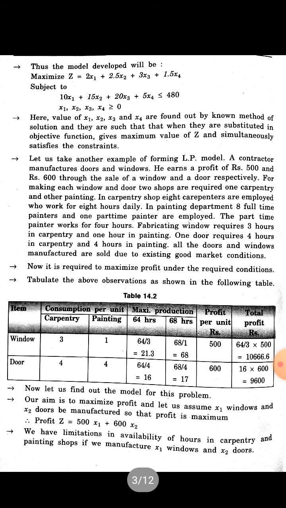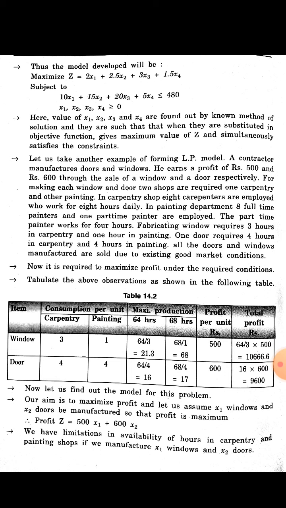Now the model developed will be: maximize z equal to 2x1 plus 2.5x2 plus 3x3 plus 1.5x4, subject to 10x1 plus 15x2 plus 20x3 plus 5x4 less than or equal to 480, where x1, x2, x3 and x4 are greater than or equal to 0.